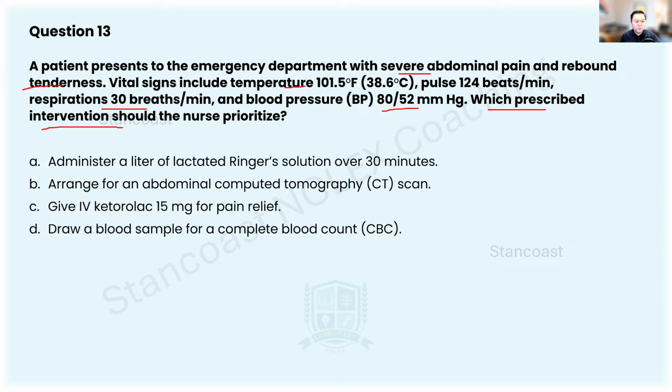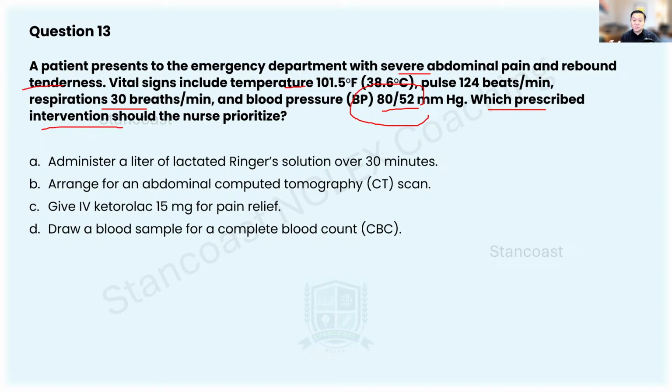Yeah, abdominal pain, rebound tenderness, another case of peritonitis, right? And of course, the patient's blood pressure is 80/52. So let's eliminate those unnecessary options. Let's start with letter D. Draw a blood sample for a complete blood count. It is a good intervention, by the way. It is going to be helpful in assessing the patient's hematologic values.